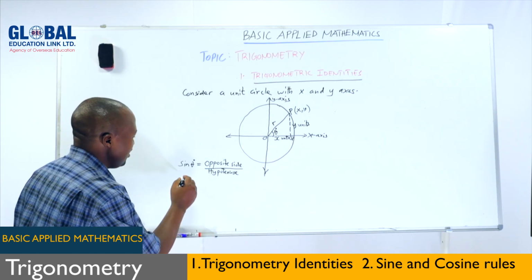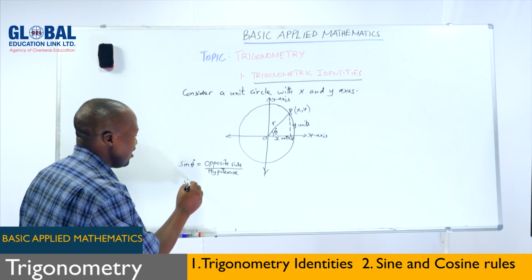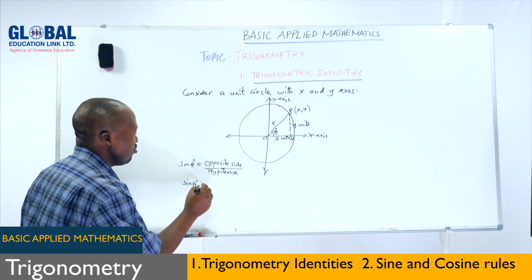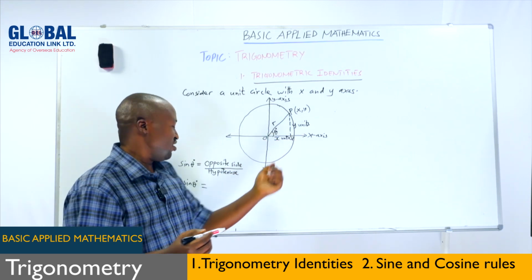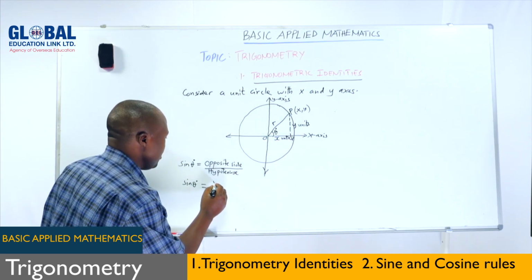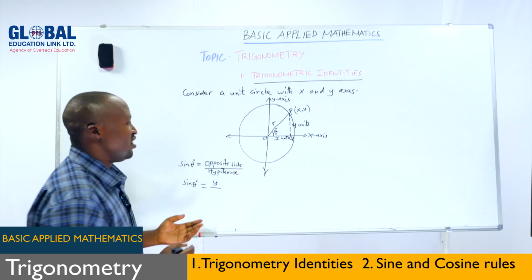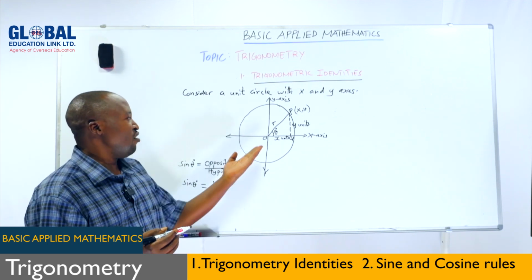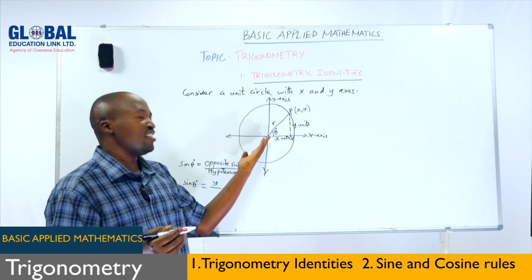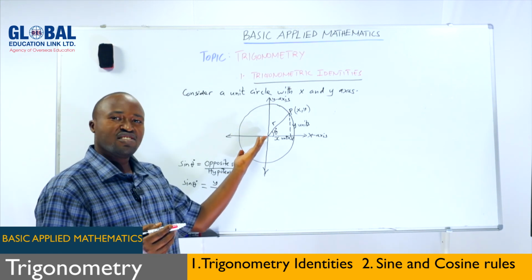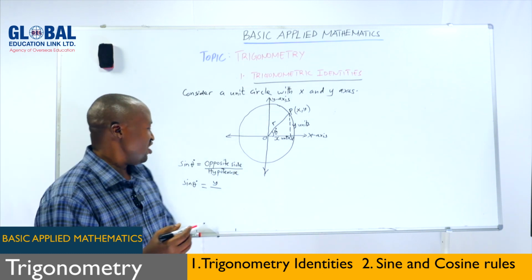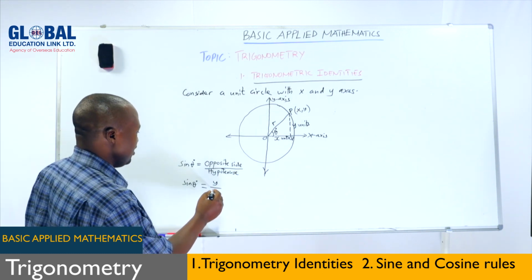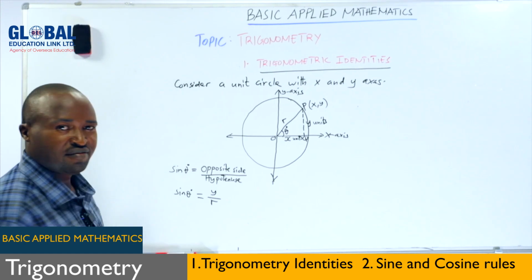Therefore we say sine theta is equal to y over the hypotenuse. Our hypotenuse is r, that is the radius, any distance from the center of the circle to any point of the circumference. So here we just divide by r.